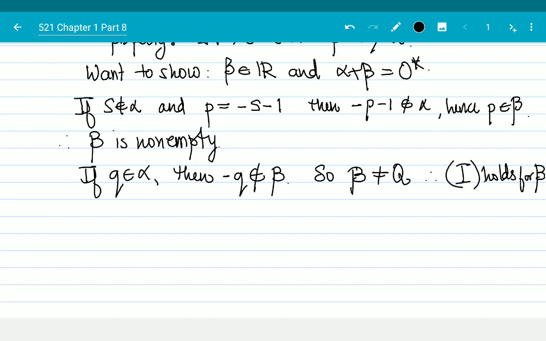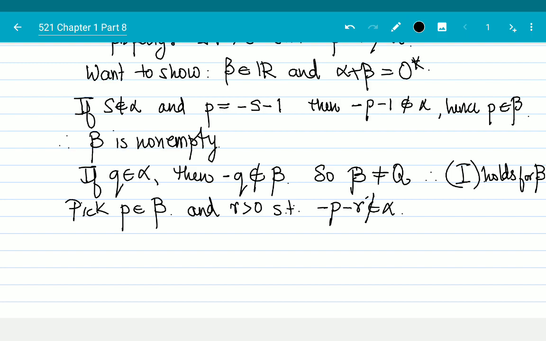So pick P belonging to beta, and R greater than 0, such that, well, by defining property, minus P minus R is not in alpha.